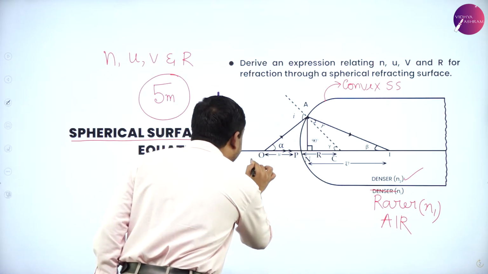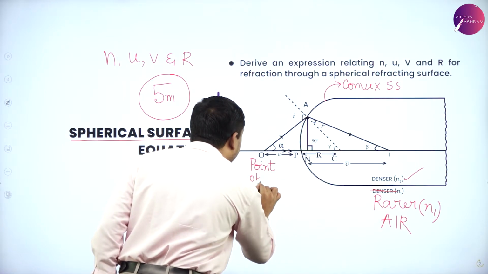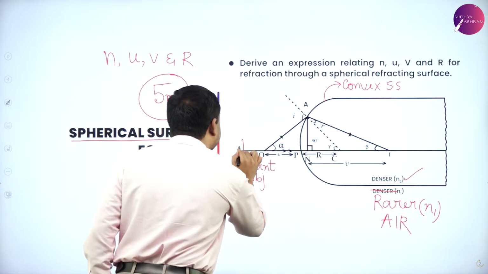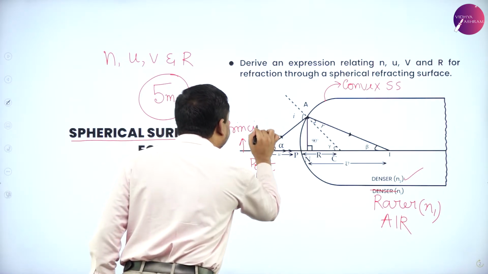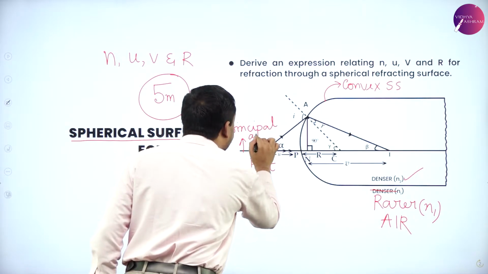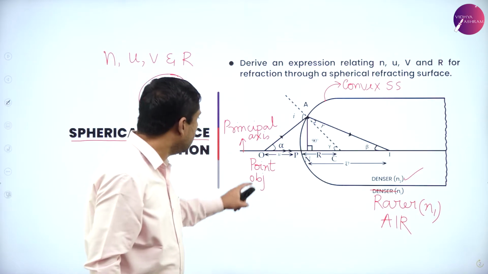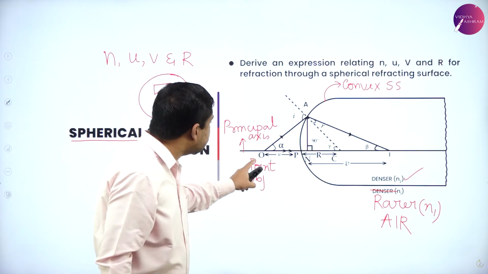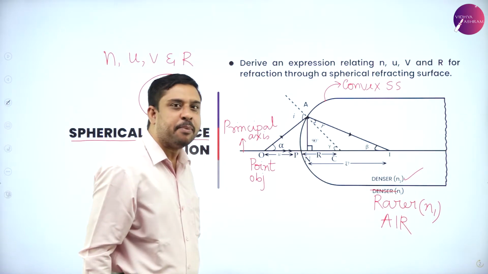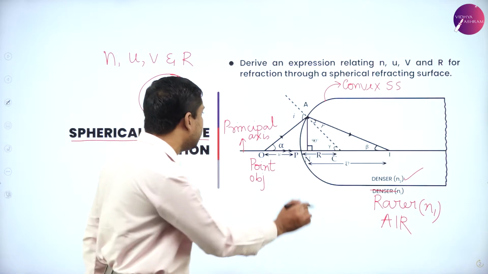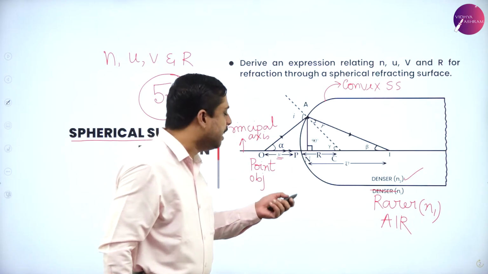O is the point object which is placed on the principal axis, a straight line passing through the center, at a distance u from the center.